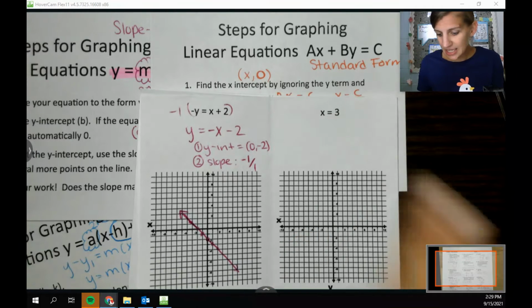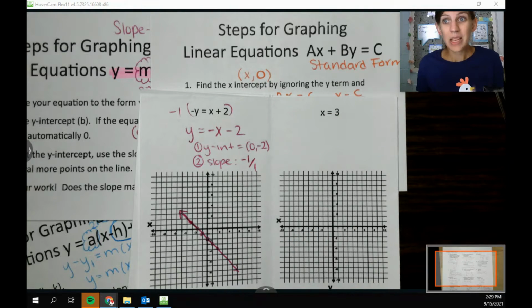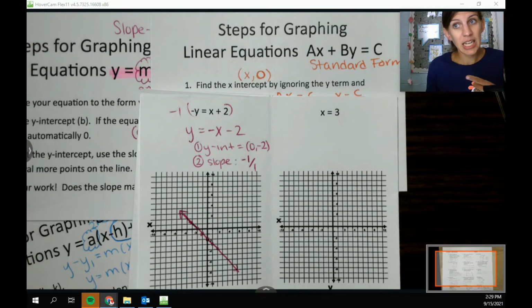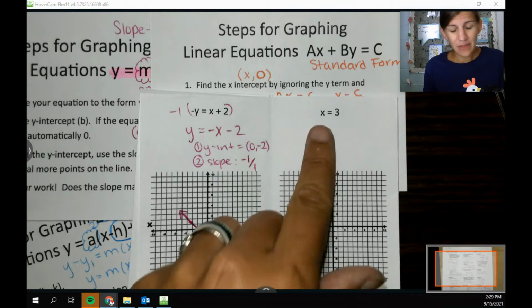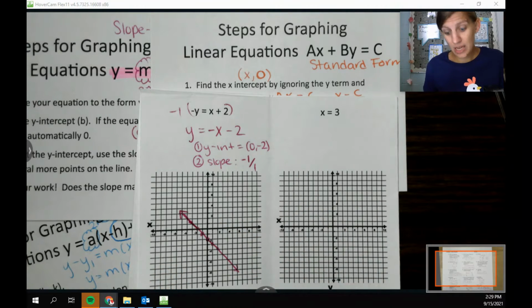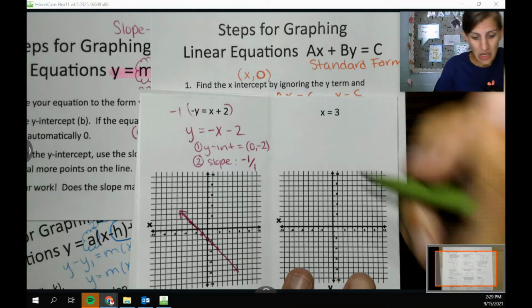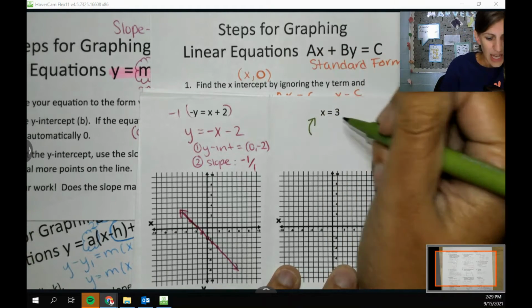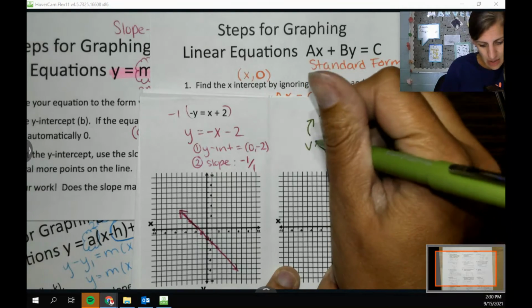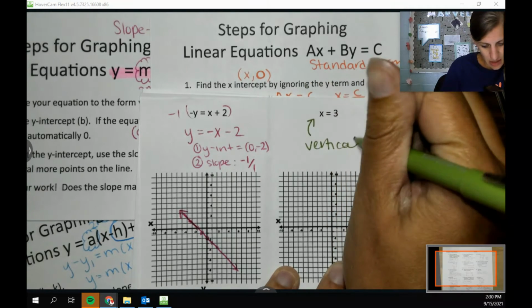Alrighty, this line here is unique because all the other lines have both x and y. And when I have both x and y, you're going to get a diagonal line. If you only have one or the other, then you're going to get either a vertical or horizontal line. And when you have x equals a number, that one is always a vertical line.